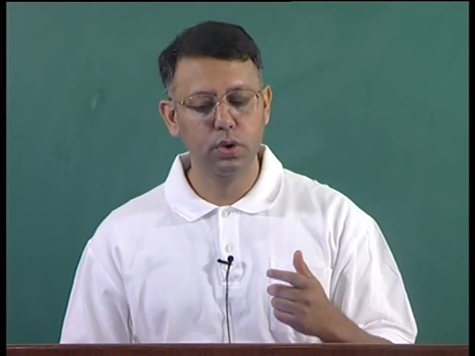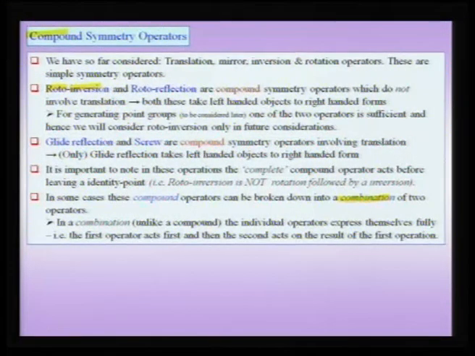In other words, it is a compound of two symmetry operators like a rotation and an inversion, and we have to notice here very carefully that this is not a rotation plus an inversion, but a roto inversion, and I will try to distinguish the difference between a rotation plus an inversion and a roto inversion, or equivalently a rotation plus a reflection as differentiated from a roto reflection compound symmetry operator. So, what are the simple symmetry operators we have talked about so far?